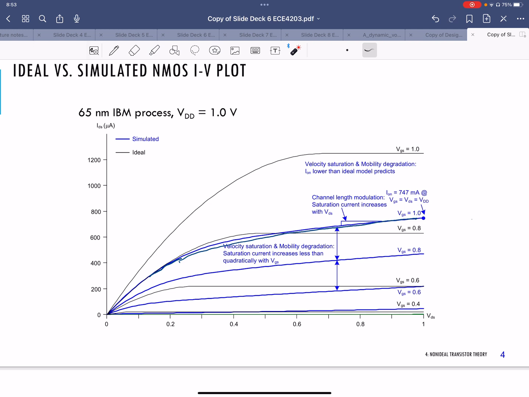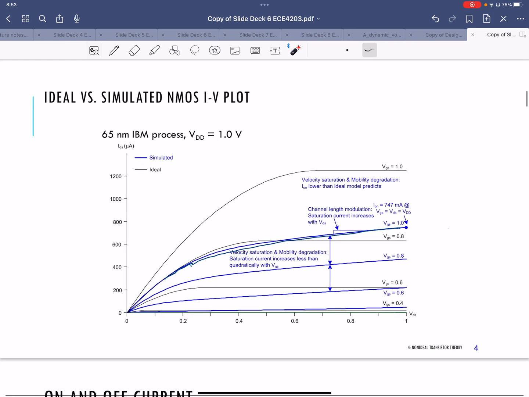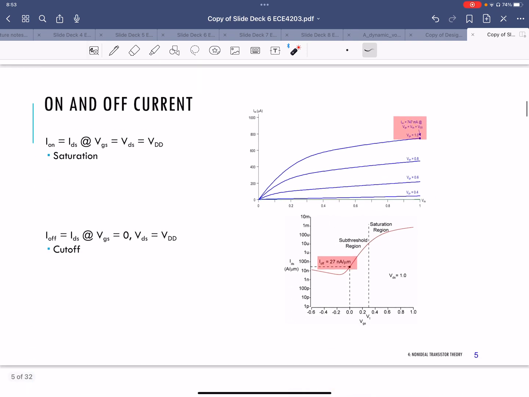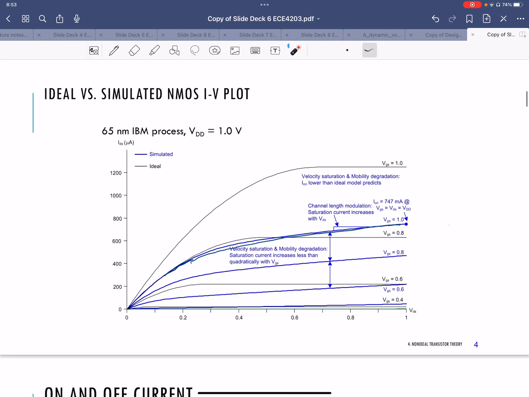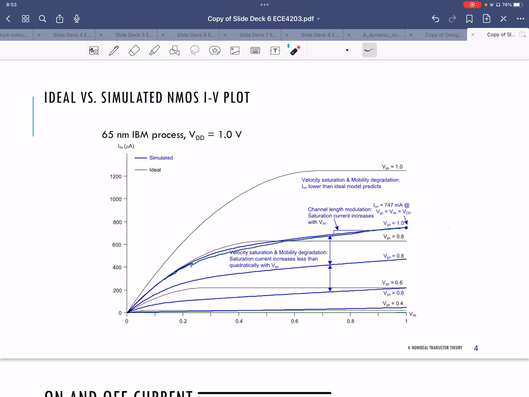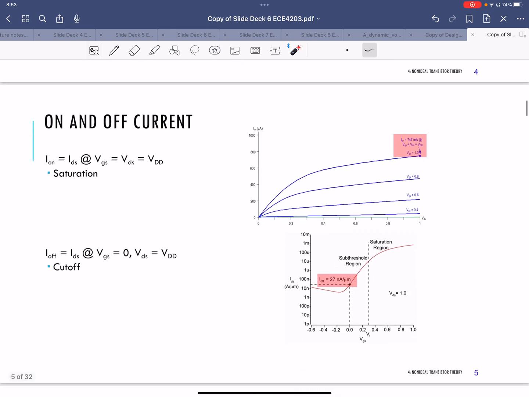So you see a bunch of differences in the smaller models, in the smaller processes, between the ideal model, the Shockley model, and what you get. And this is caused by a few different things. So we're going to talk about those in detail.